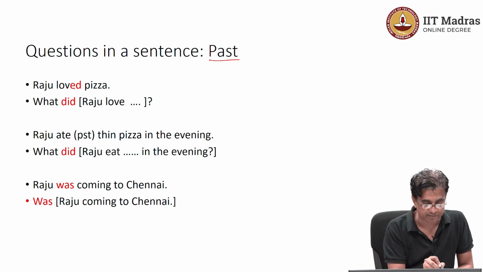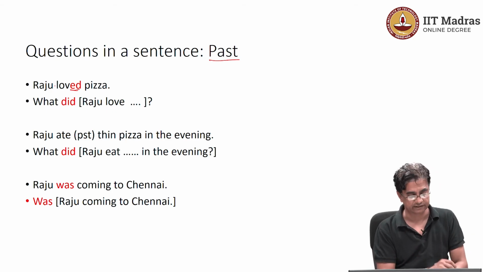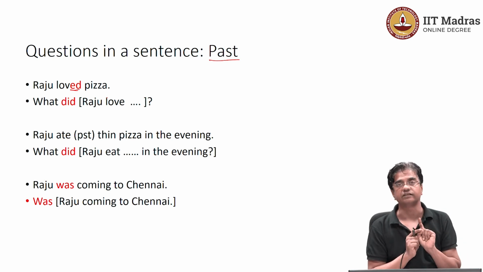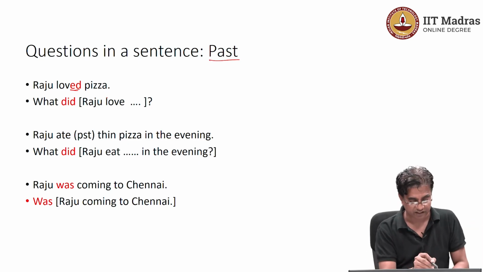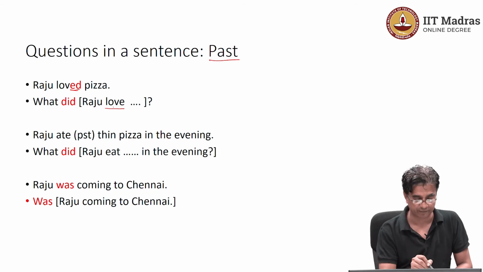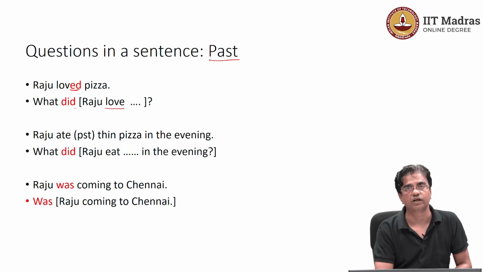Here is the past tense marker ed on this verb. Raju loved pizza. When we make the question, remember the pattern. The pattern is tense marking and agreement marking moves out of the sentence. So it got separated from the verb. You have the bare form of the verb left and the sentence becomes, what does Raju love?